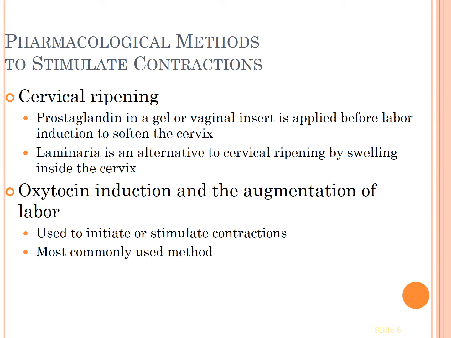As it's put into the vagina and into the cervix, it starts swelling, and that causes the ripening of the cervix and helps mom to dilate. This is typically not used for live births. It's used for missed abortions or miscarriages or stillborn deliveries.